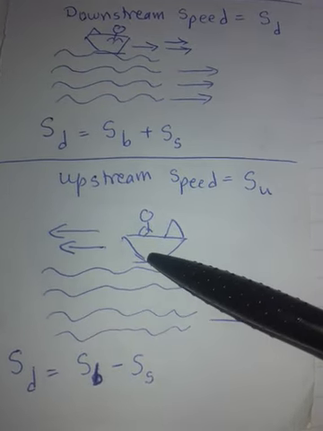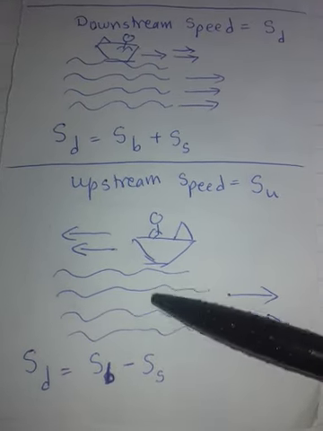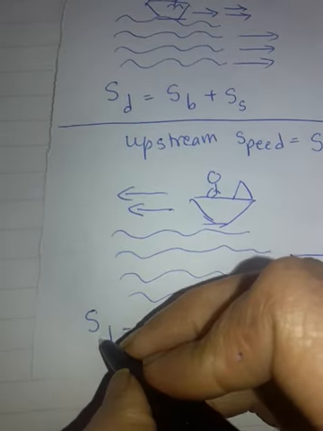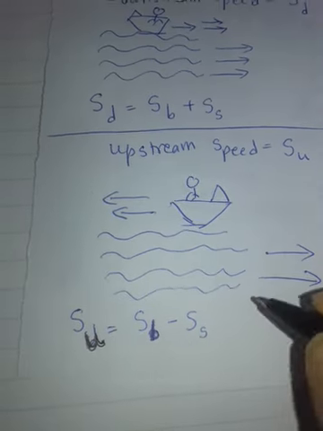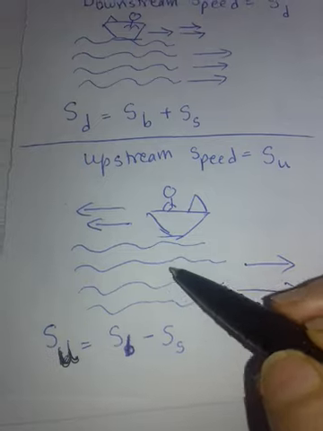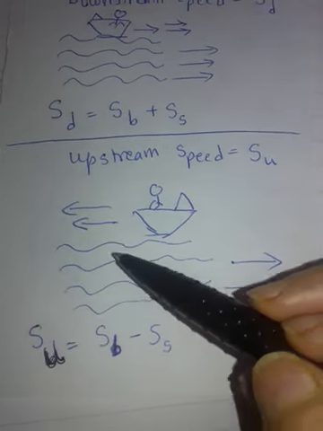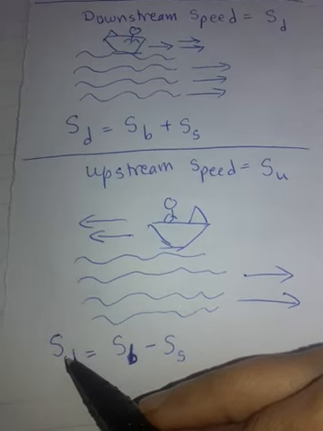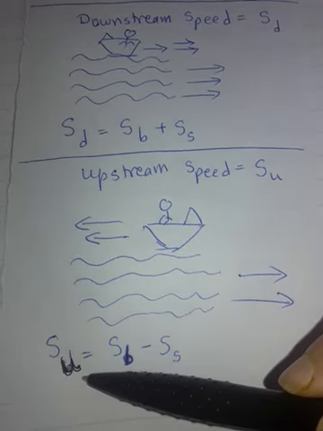Speed of boat minus speed of the stream becomes speed upstream. Sorry, this should be SU, not ST, SU, speed upstream. Speed upstream is speed of boat minus speed of stream. Yes, speed of stream opposes, resists the boat, and hence speed of boat minus speed of stream is equal to speed upstream.